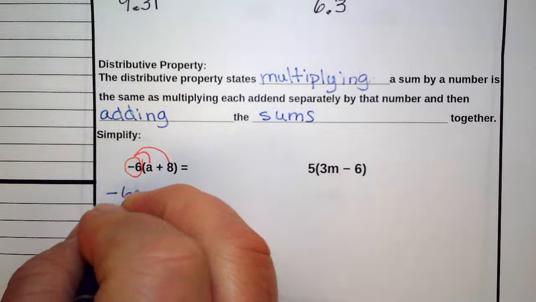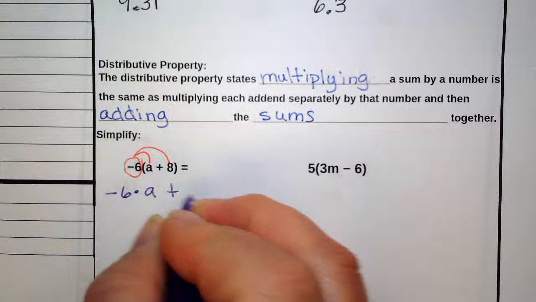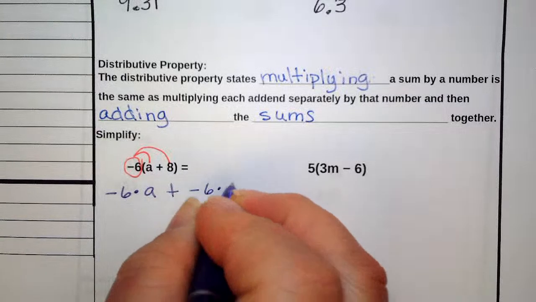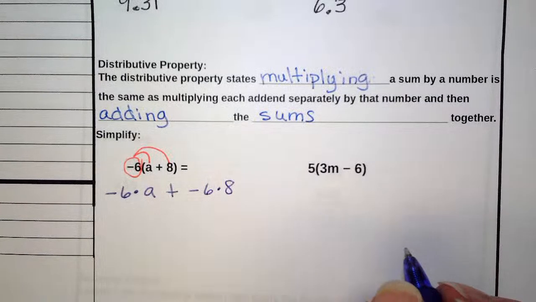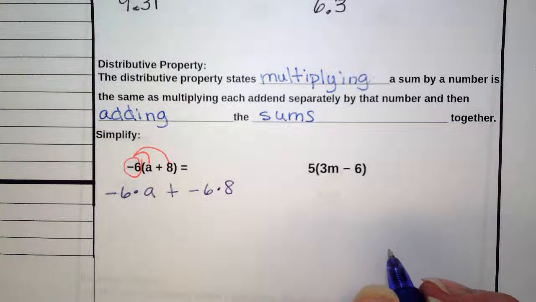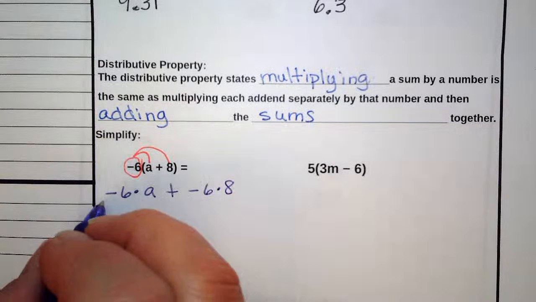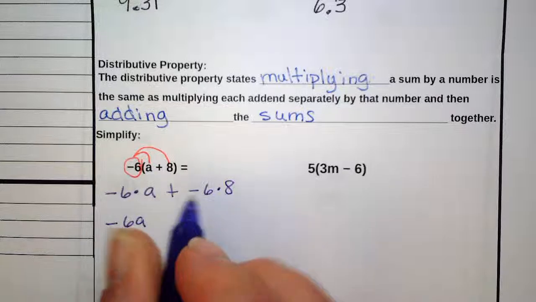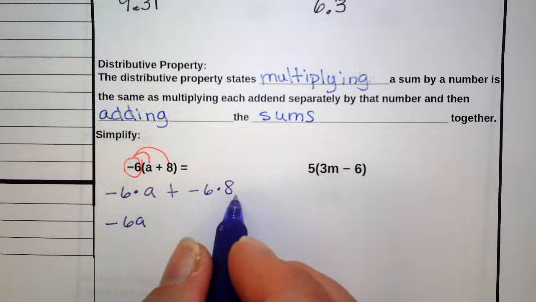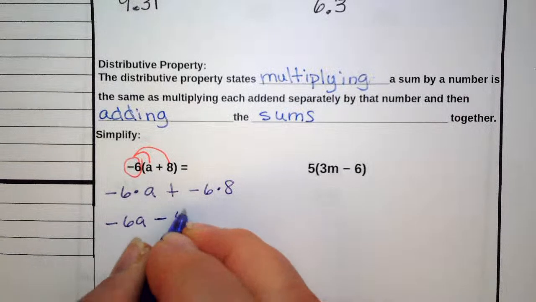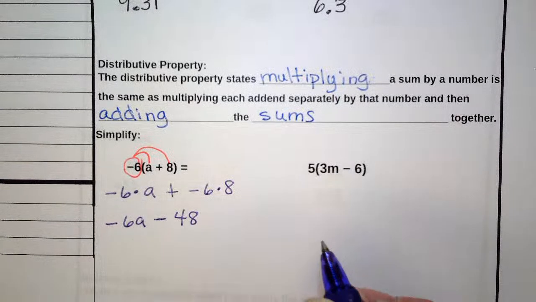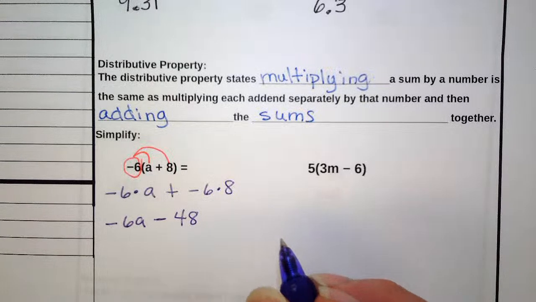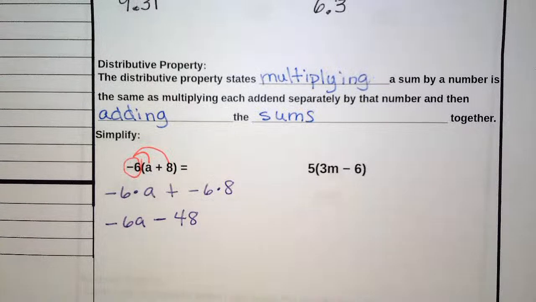Negative 6 times A plus negative 6 times 8. That is expanding what we're doing. Negative 6 times A is negative 6A. Negative 6 times 8 is negative 48. So negative 6A minus 48. You could put plus a negative 48 and it would also be correct.